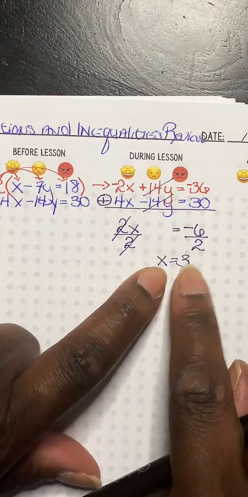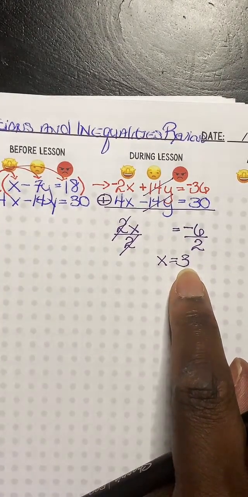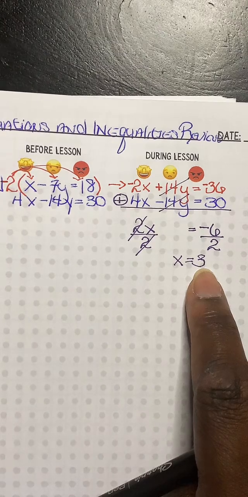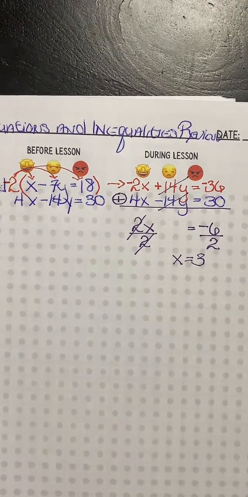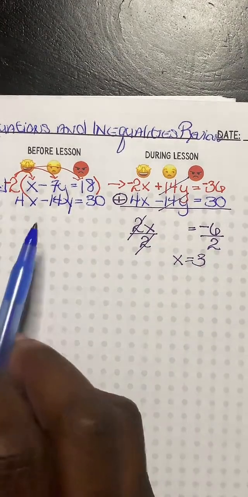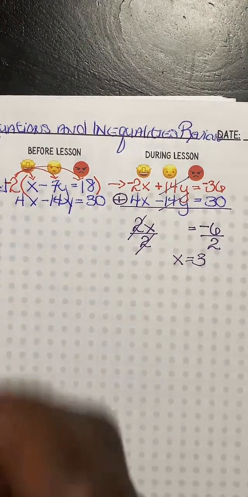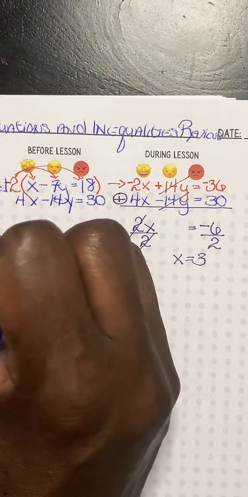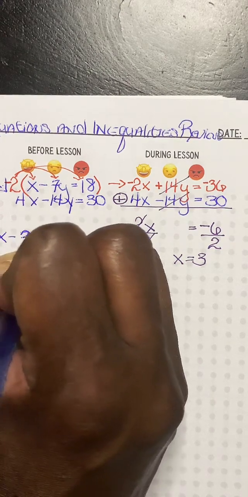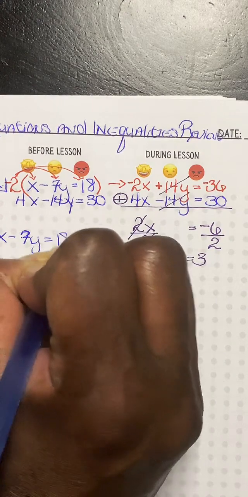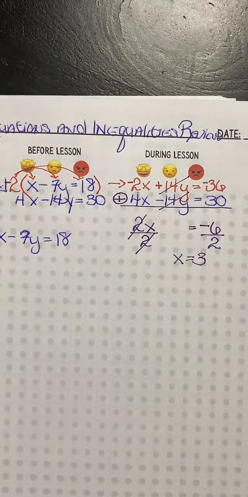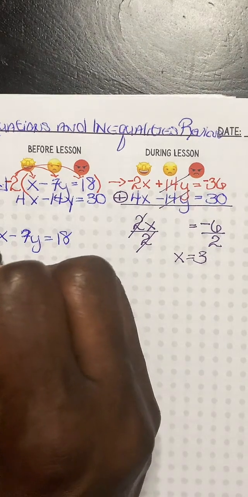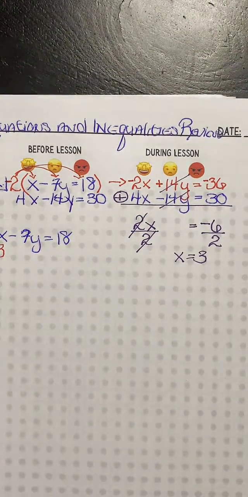So why not take this answer and plug it into one of the two original equations? Me personally, I would take the one that we just did, because it says x minus 7y is equal to 18. I can substitute this 3 that we solved in for the x.